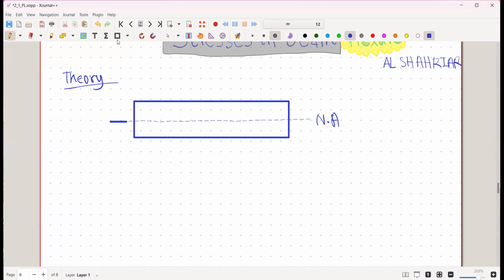So this neutral axis, we will apply it this way. The beam will bend and make a figure like this.